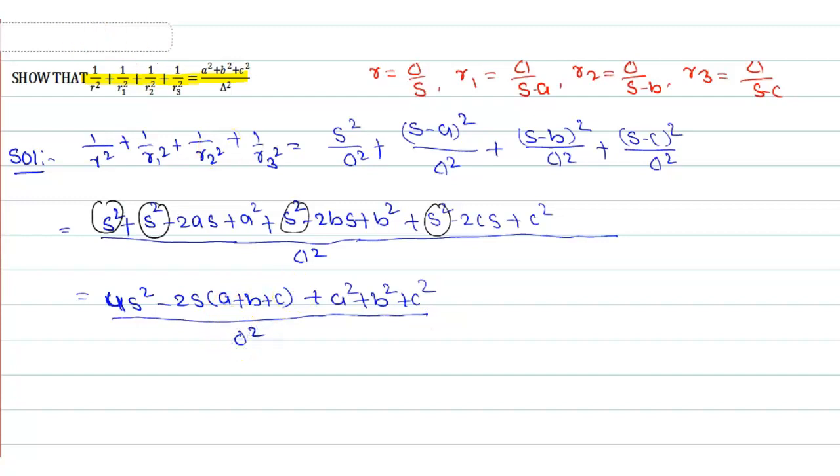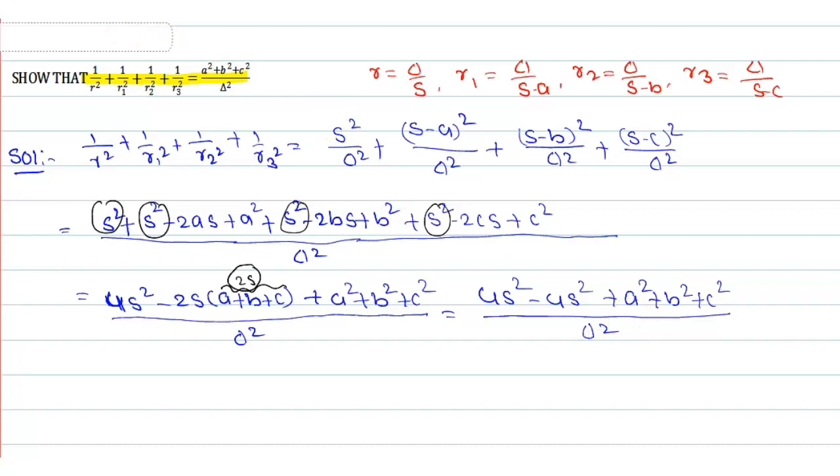So here by the known result of the perimeter, a plus b plus c can be written as 2s. Now I need to replace this with 2s. 2s into 2s is 4s², plus the leftover value (a² plus b² plus c²) by delta².